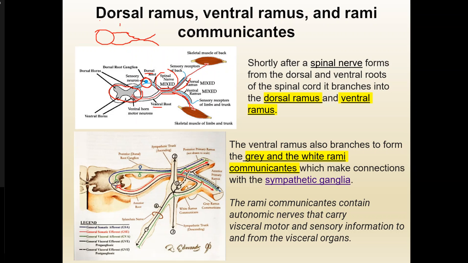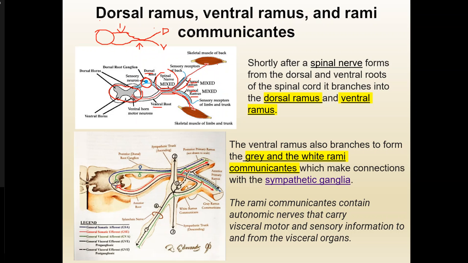We call these roots, and we call this one nerve. The spinal nerve is really this one. And when it splits again, we recognize these as rami, your dorsal ramus and your ventral or anterior ramus. That's what's shown here, dorsal ramus and ventral ramus.